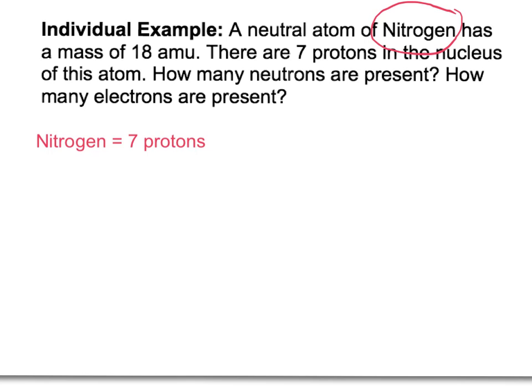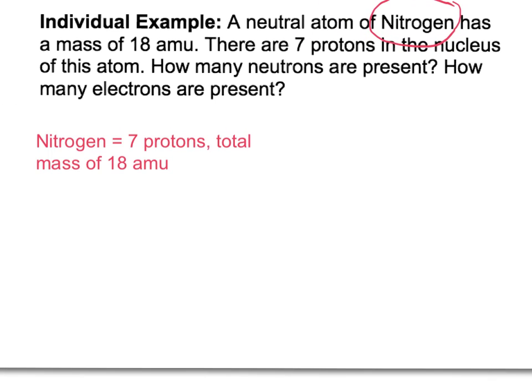We also know that it has a total mass of 18 AMU. That is given to us. We got the 7 protons, and we got the total mass. So what it's asking us is how many neutrons and electrons are present.